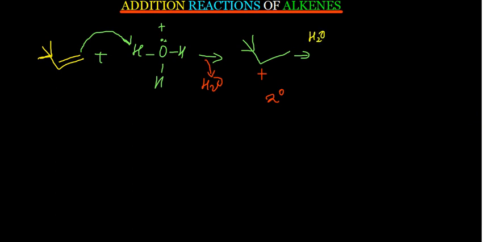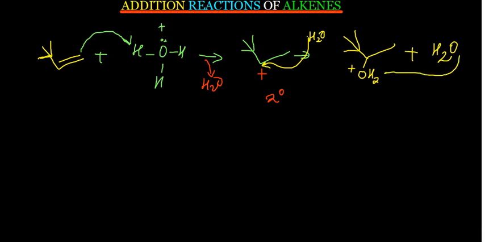So the water would have come and attacked this carbon, and the result would have been that the oxygen would carry a positive charge because it has got a lot of bonds. And then another water molecule reacts with what we have here. So that water molecule is going to grab one hydrogen at this point. So what would we have?